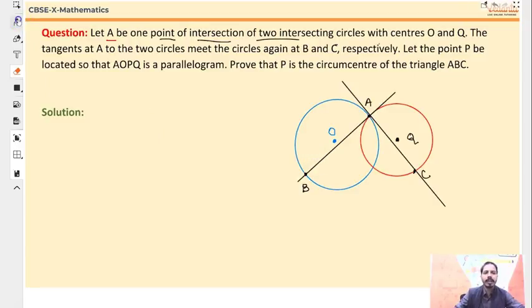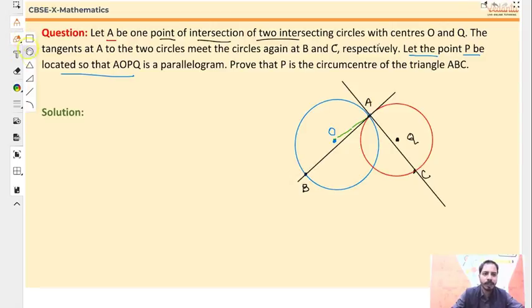Okay, so now what they are saying is, let point P be located so that AO and PQ, AO, PQ form a parallelogram. So you need some point P here such that AOPQ becomes a parallelogram. That means now they want to join these two lines.